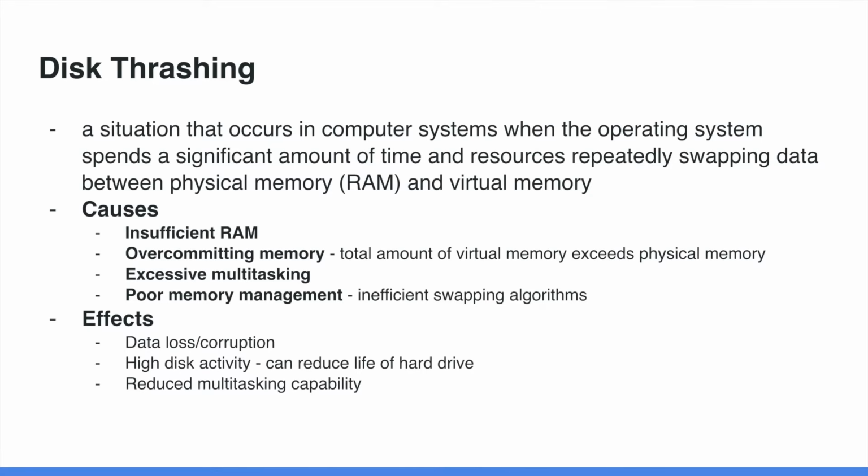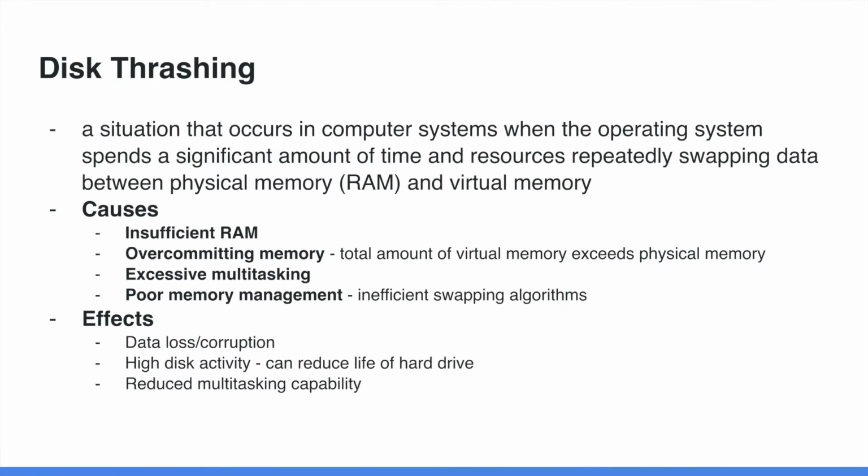So basically, disk thrashing is a situation that occurs in computer systems when the operating system spends a significant amount of time swapping data between physical memory and virtual memory. So if your computer is always having to move data between physical memory and virtual memory, then disk thrashing takes place. And disk thrashing basically just means heavy use of the hard disk.